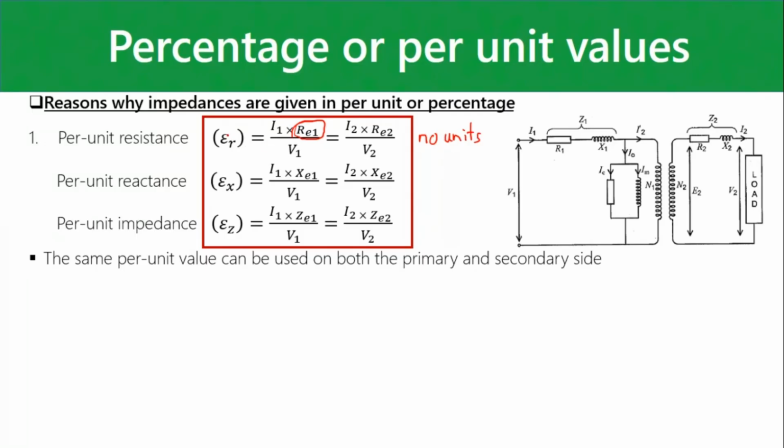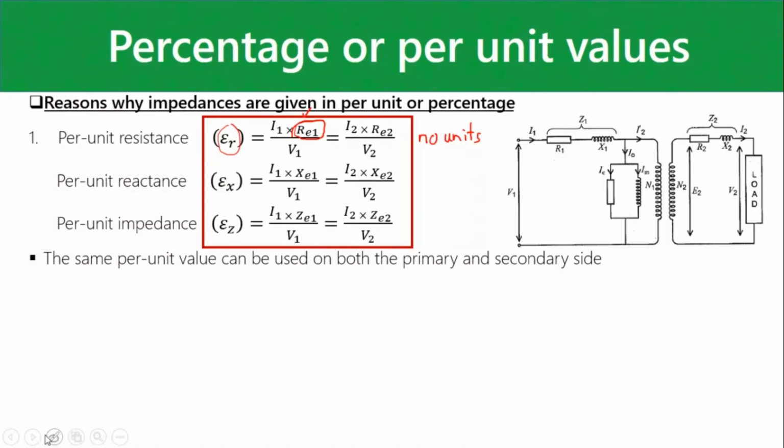So this epsilon R, the per unit resistance of the transformer, if you've referred everything to the primary and you get your RE1, then you multiply it by I1 over V1.